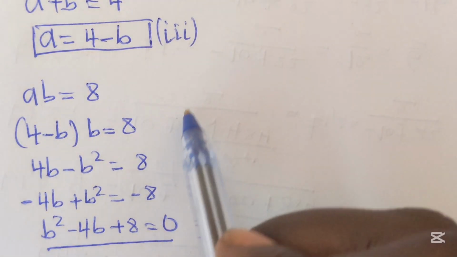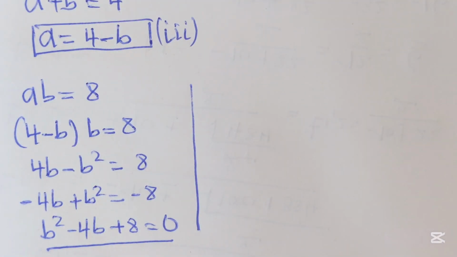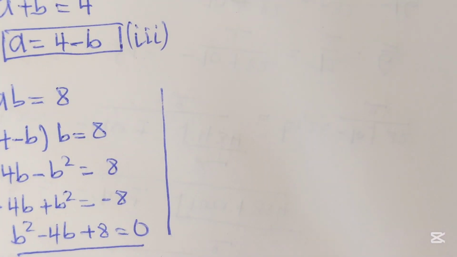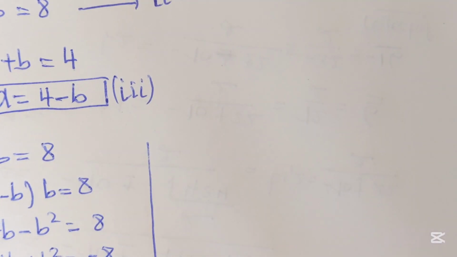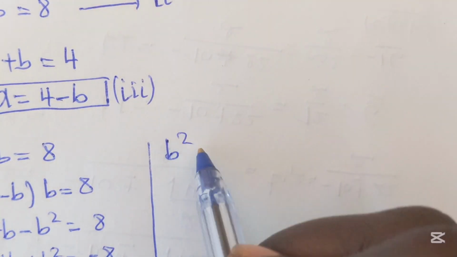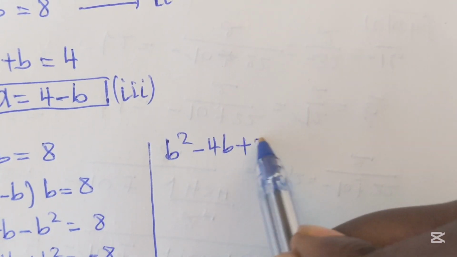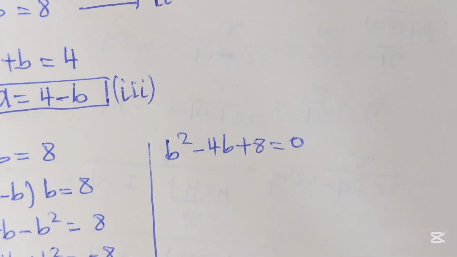Then here, what can we do? Of course, what we have right over here is a quadratic equation. Now we can use the formula where b squared minus 4b plus 8 equals 0.